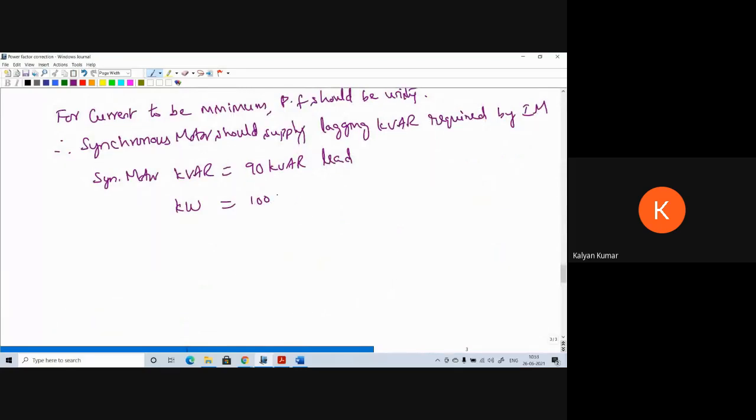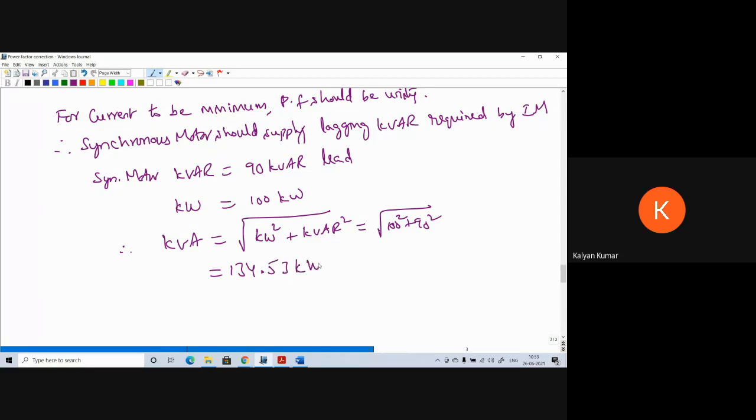Therefore, the kVA formula is the square root of P square plus Q square, that is kilowatt square plus kVAR square, the square root of 100 square plus 90 square. How much? 134.53 kVA.